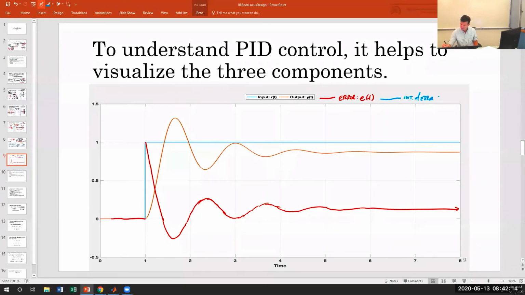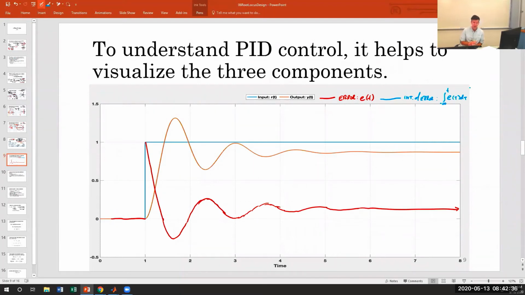And this has a specific meaning. This is not just the integral under the curve, which would just be a fixed number. This is the running integral. So the integral from minus infinity to t of the error signal as a function of some dummy variable. This is what in 228 I would call a running integral.